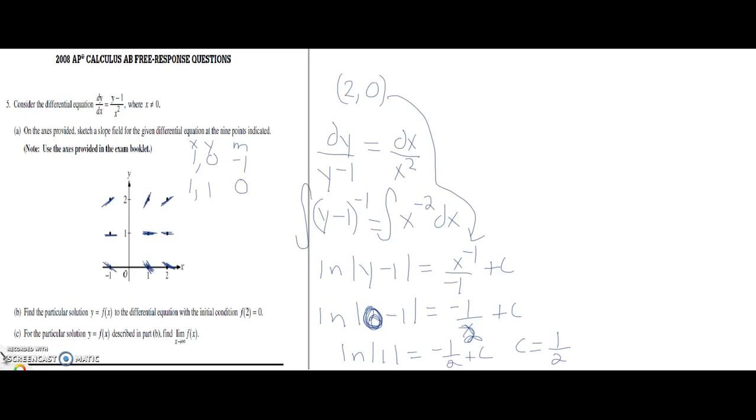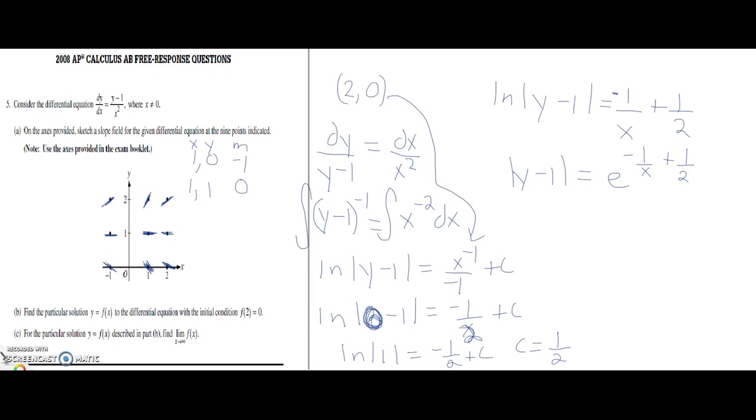Now we're going to rewrite our equation. So now we have ln of the absolute value of y minus 1 equals negative 1 over x plus 1/2. Now, in order to get y by itself, we have to e both sides. So when you e both sides, you're going to get the absolute value of y minus 1 equals e to the (negative 1 over x plus 1/2).